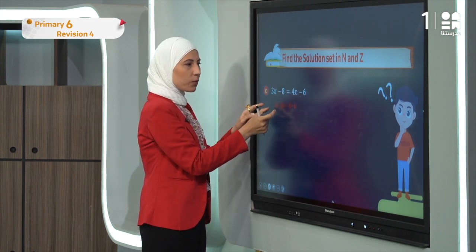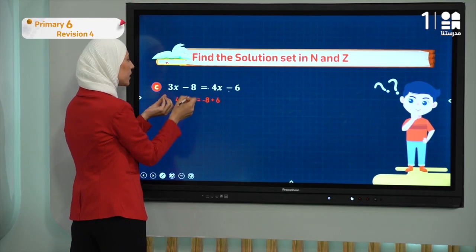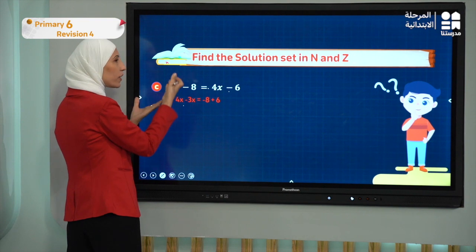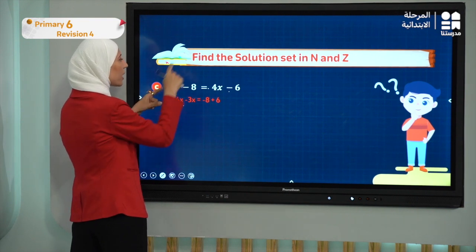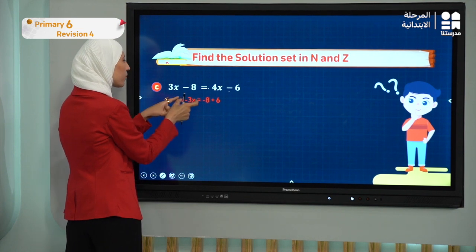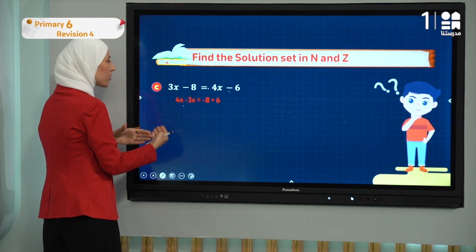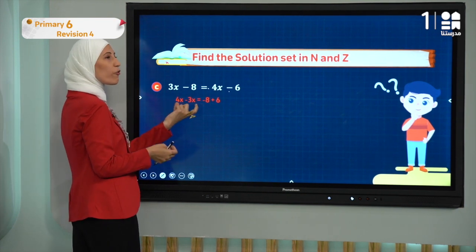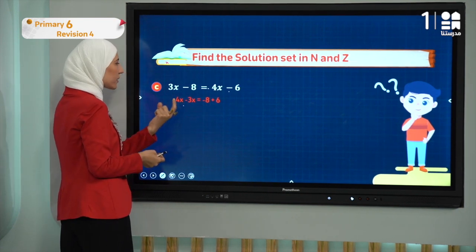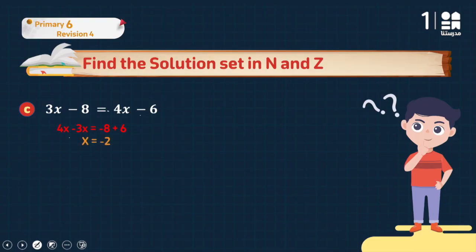So I write 4x. The 3x is positive, so I move it to the other side as negative, and because I am making minus 3x here, I also have to make minus 3x there. So it will be 4x minus 3x equals negative 8 plus 6. After solving, 4 minus 3 gives me 1x, equals negative 8 plus 6, which gives me negative 2. So x will be negative 2.